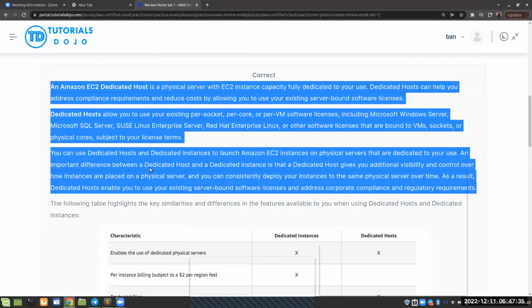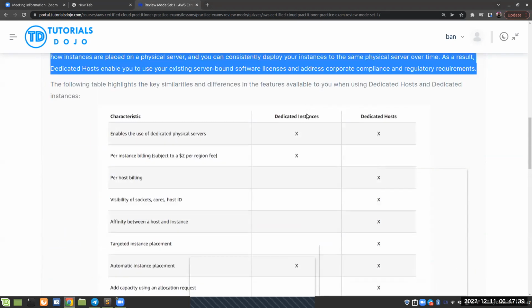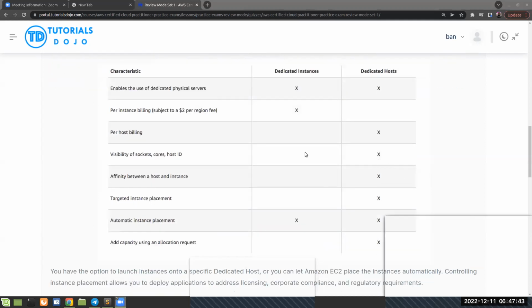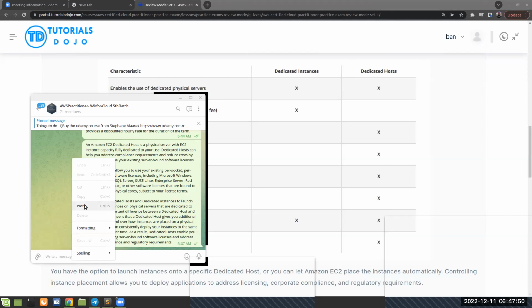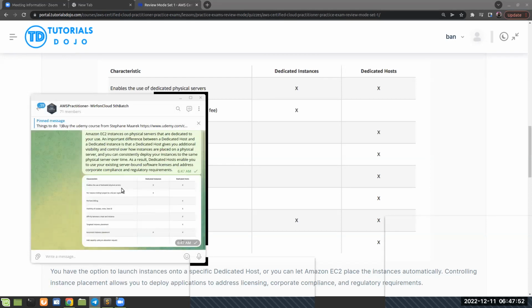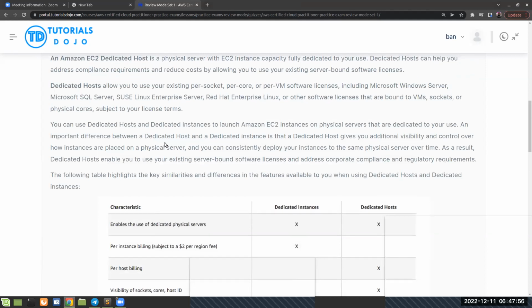Once you remember it, you always remember. It's one of the greatest things. So there's a difference here between dedicated instance and dedicated host. Let me just share this image. Please just read everything that's there, as well as the difference between dedicated instance and dedicated host.